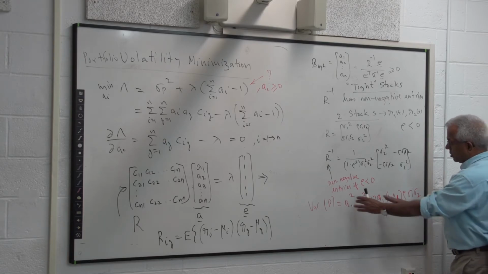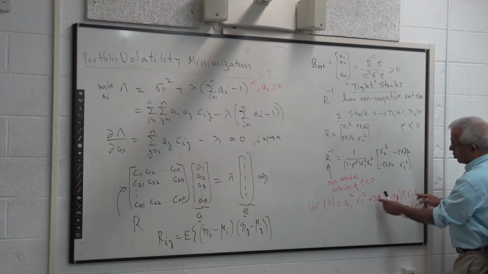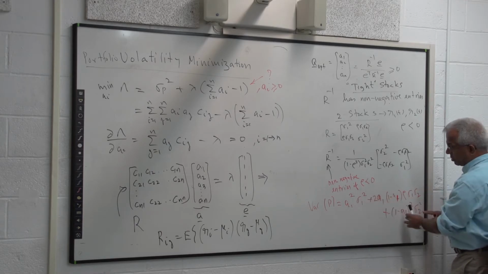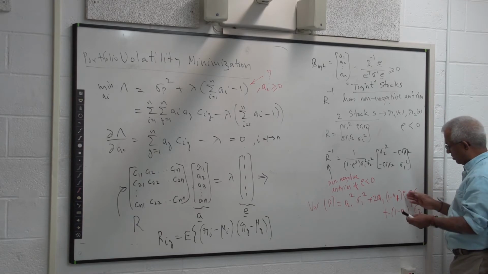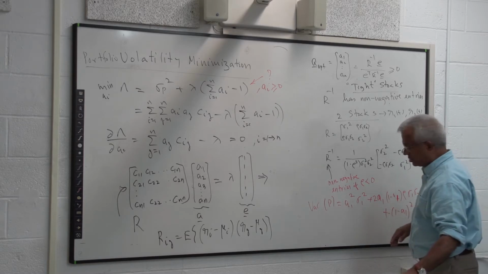Notice that the first and last terms are positive. If rho is negative, the cross term will be negative and the variance decreases. If rho is positive, of course the variance increases.